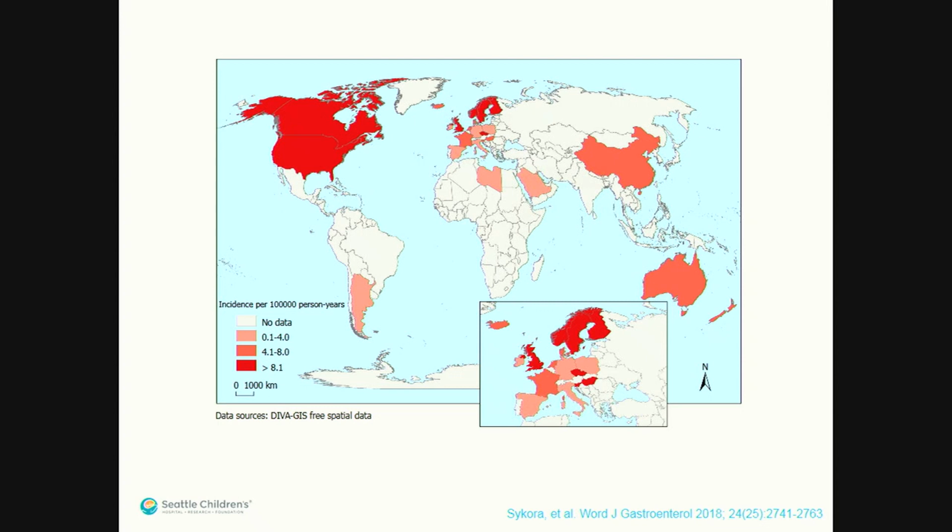So in Southeast Asia, countries such as China and India, which had no or very few cases of IBD 20 years ago, are now seeing a large increase in their IBD as they become westernized and as their foods change.